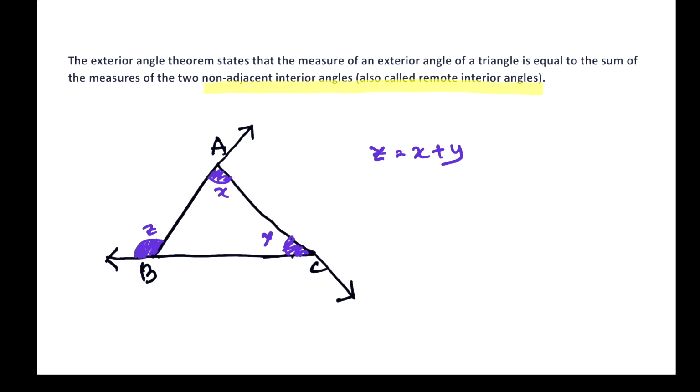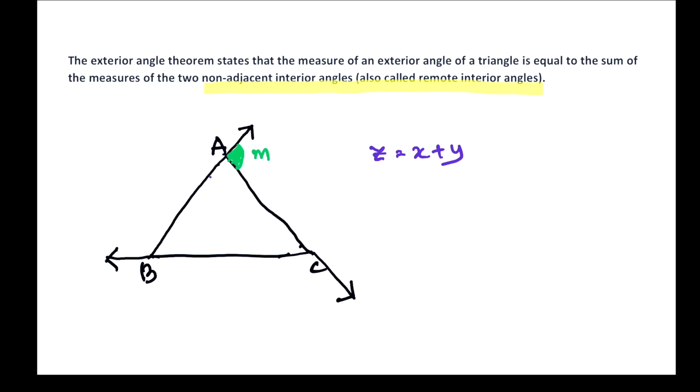Let's find it for the other two exterior angles also. Now I have extended the AB side, so this exterior angle forms, and this is M. What are the non-adjacent interior angles?